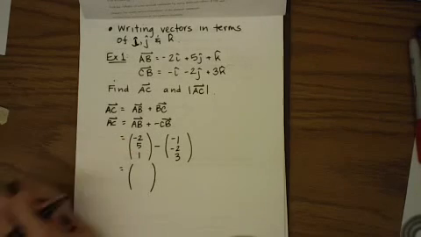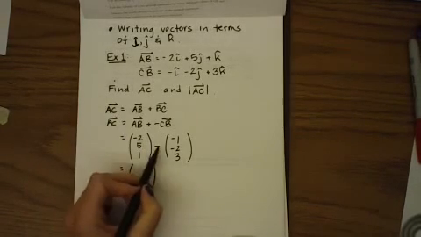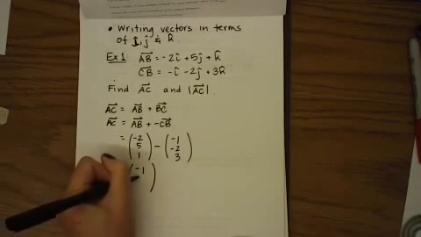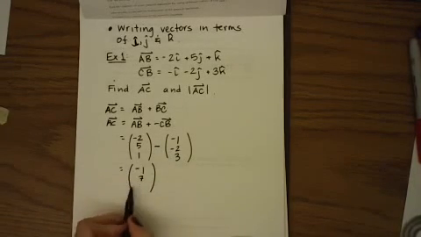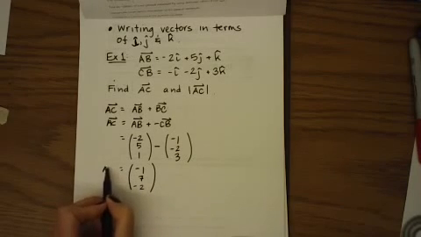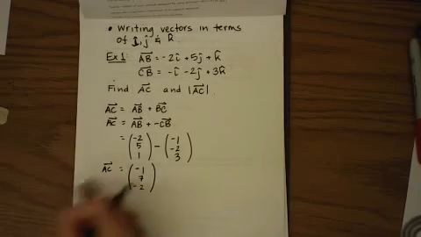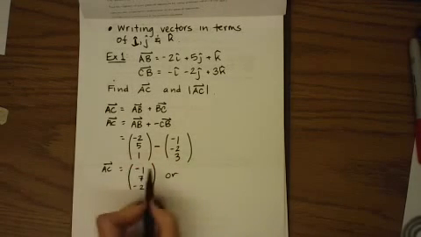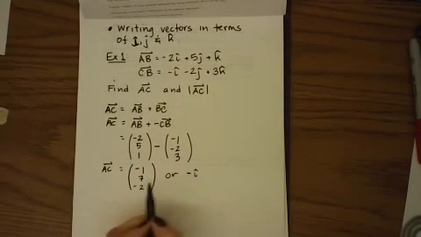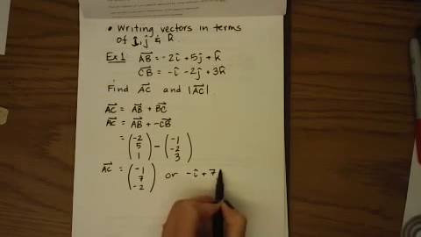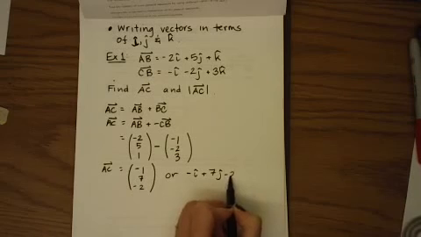This gives us vector AC in component form: 2 minus -1, 5 minus -2, and 1 minus 3. We could also write this in ijk form as -i plus 7j minus 2k.